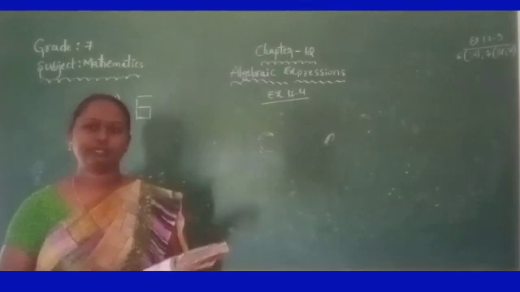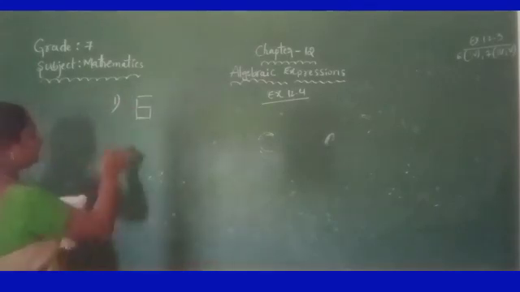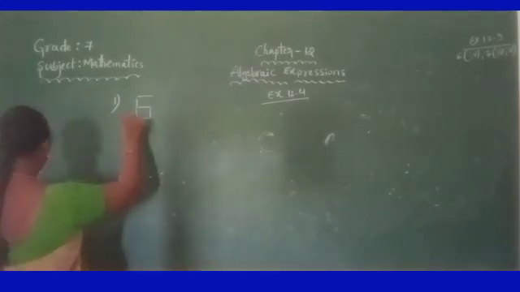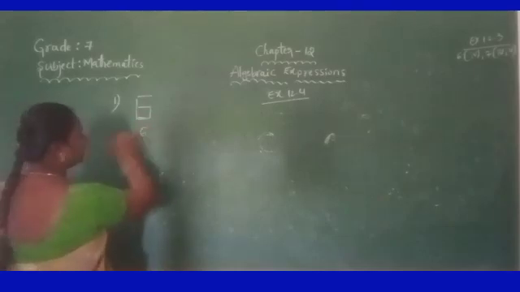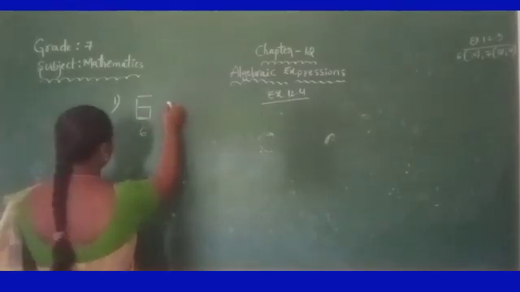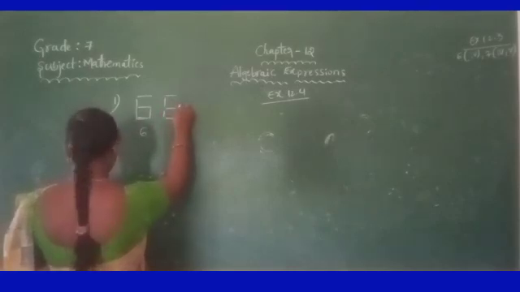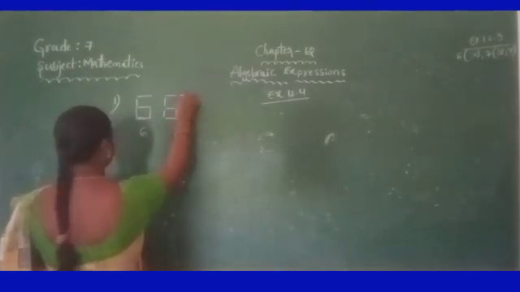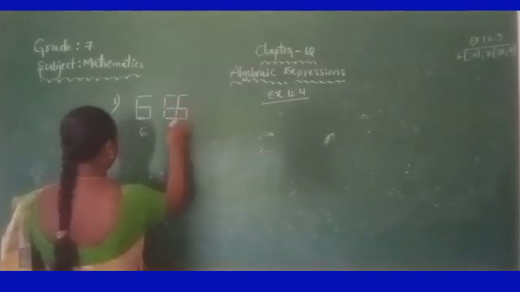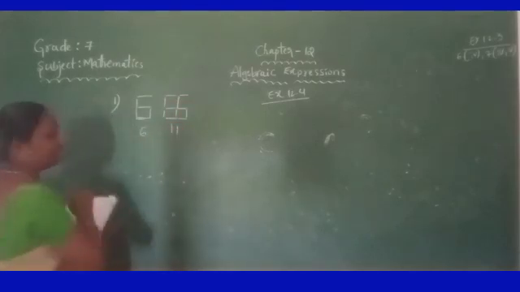So what is the rule for this pattern? How many line segments are required here? Making one digit, how many line segments? 6. And for 2, how many? Already given in the problem, that is 11.